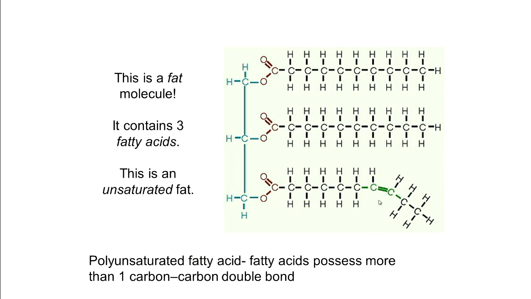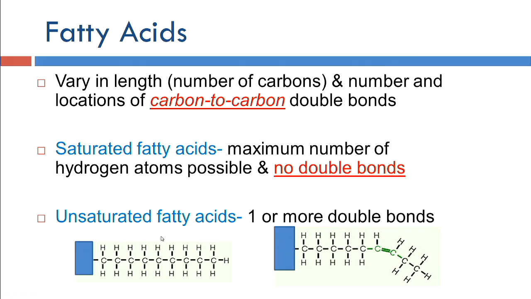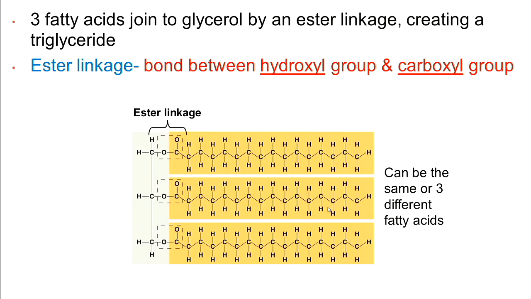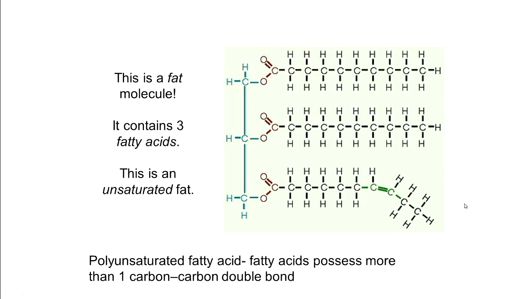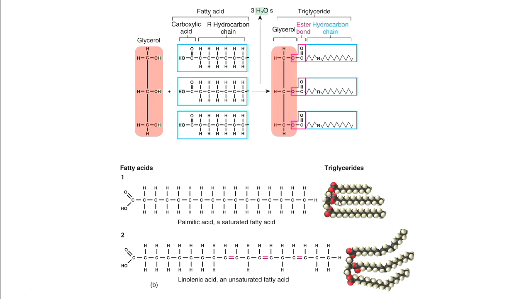If it had more than one, it doesn't matter where they're at. It could be in here, it could be here, here, here. As long as there's more than one of these, it's called a polyunsaturated. If I went back here, this is a saturated fat. Does that make sense?